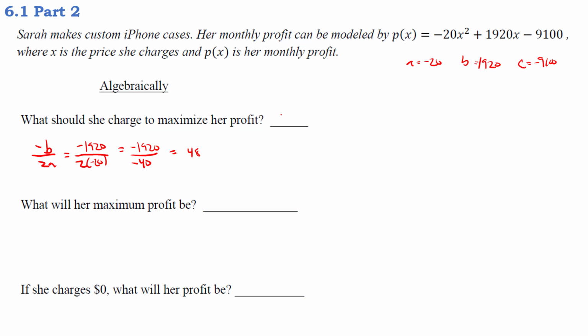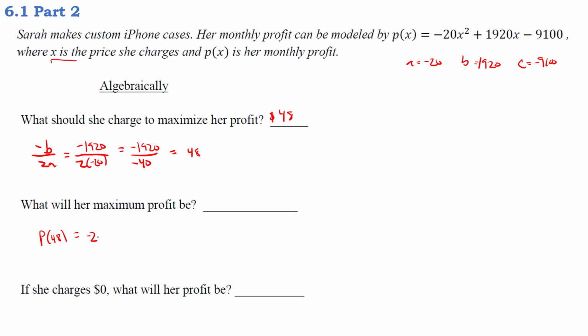So the price to maximize her profit is $48. Okay, and what will her maximum profit be? Well, if we charge $48 for every item sold, which is x, the price she charges, right? We set that up here. So we plug 48 into her equation. So we're simply taking P of 48. Instead of an x, we're going to put the number 48.